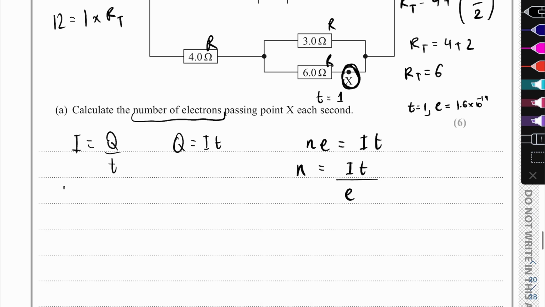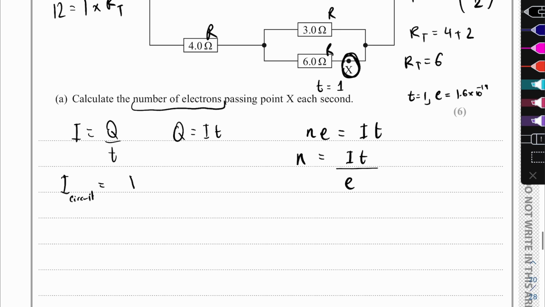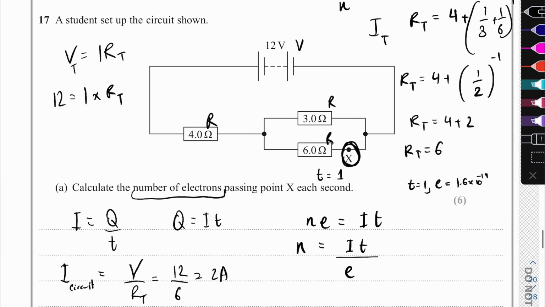So I circuit equals what? V over R total, which is 12 over 6, which is 2 amps. So there are 2 amps flowing into the circuit, and then what happens? Now we have a parallel circuit.